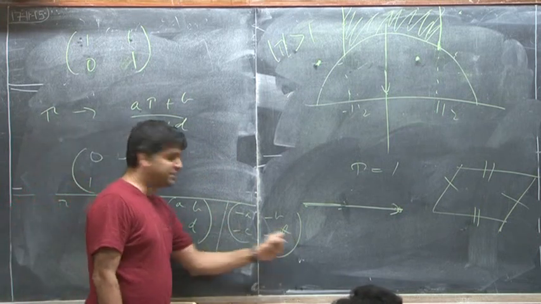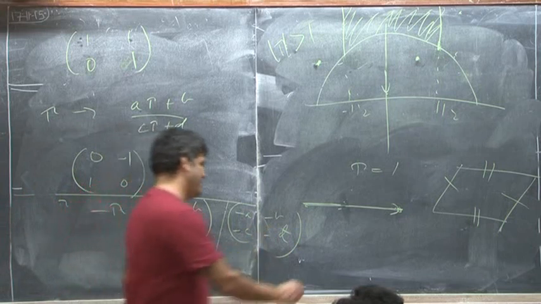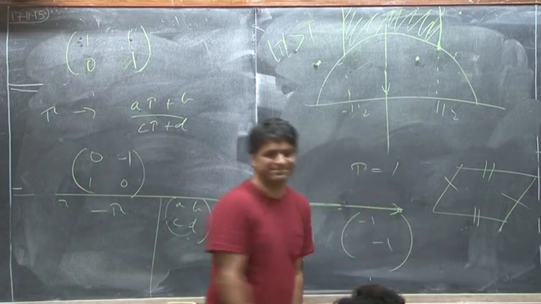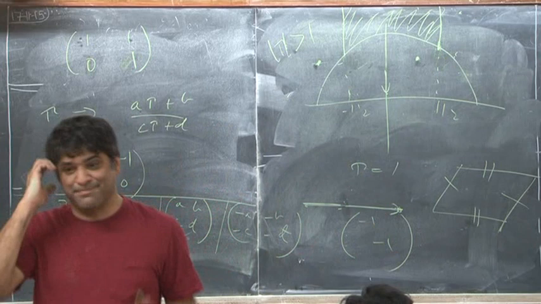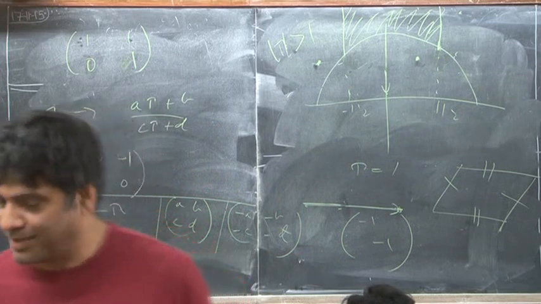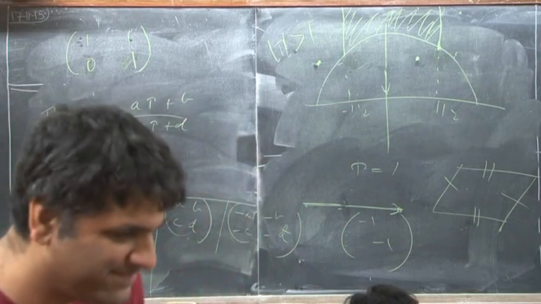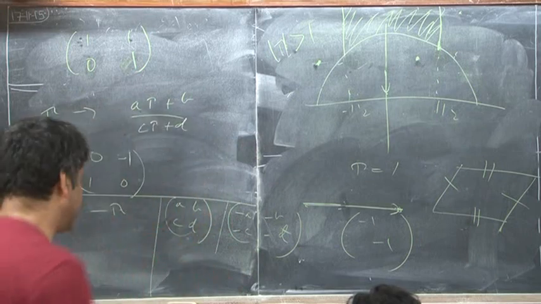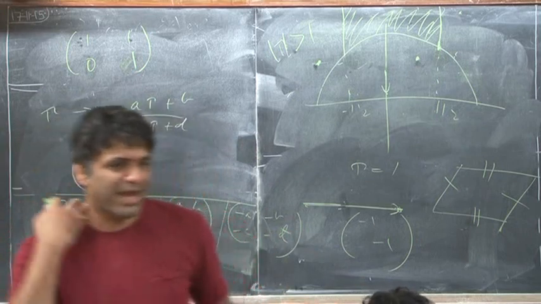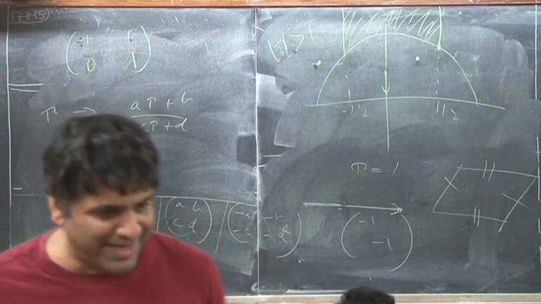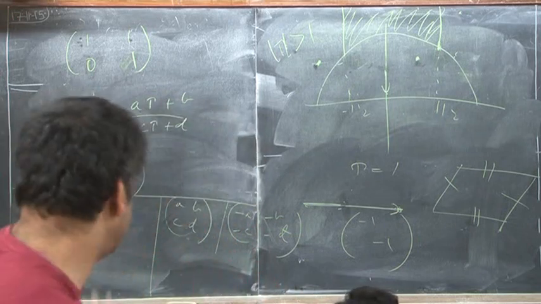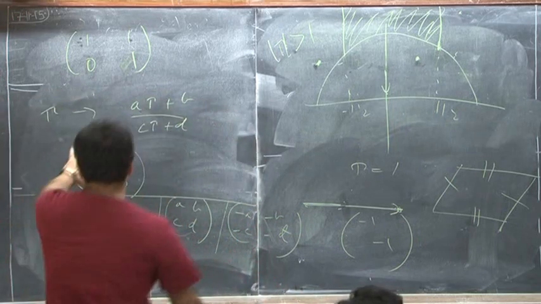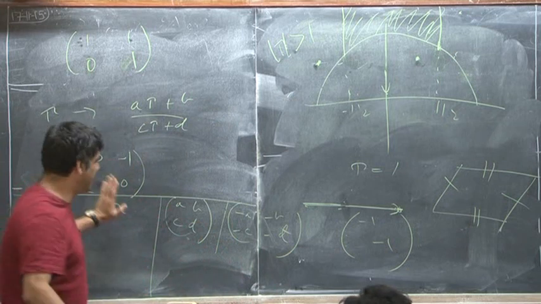Okay, now what matrix changes this to this? It's minus the identity. It has determinant 1, and it's clearly a central element, because it commutes with everything. So it makes sense to mod out by it because it's central.